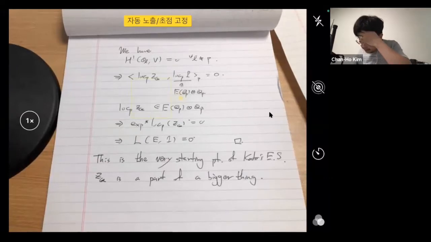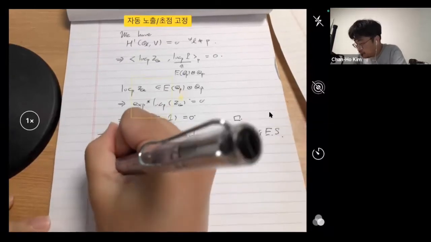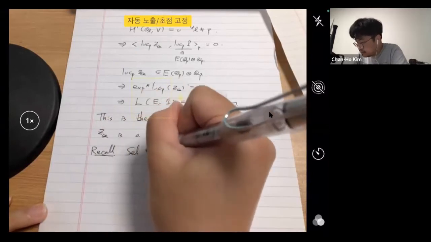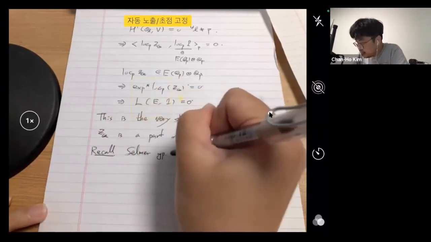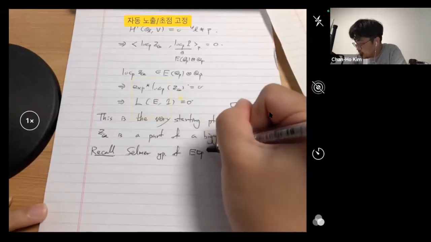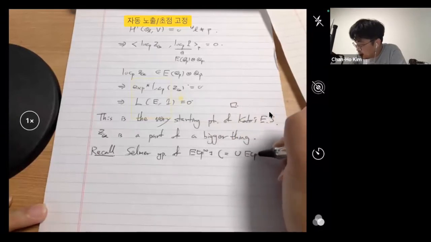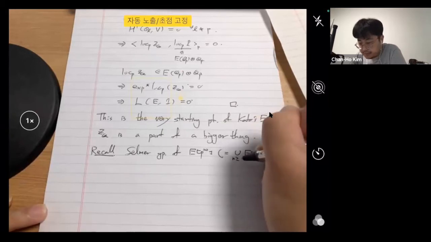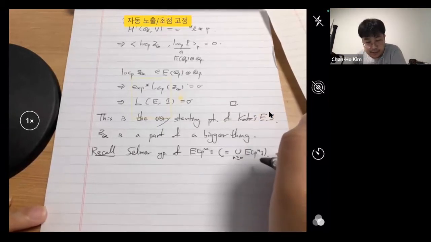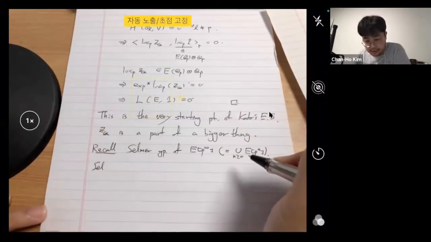And okay, now recall the Selmer groups a little bit. Recall Selmer groups of p-power torsion points of the elliptic curve, which is nothing but the union of the p^n-th power torsion, where n runs over all positive integers. And the Selmer group here is defined as follows.